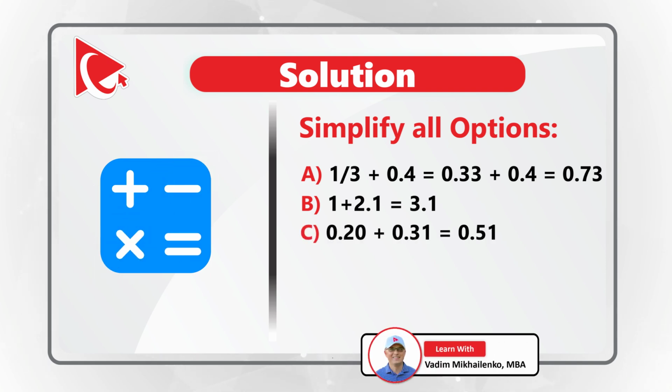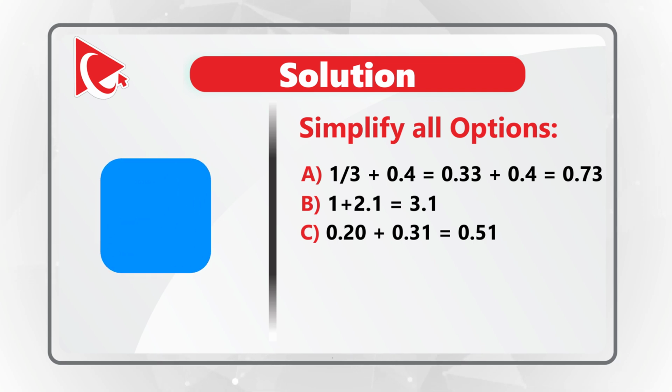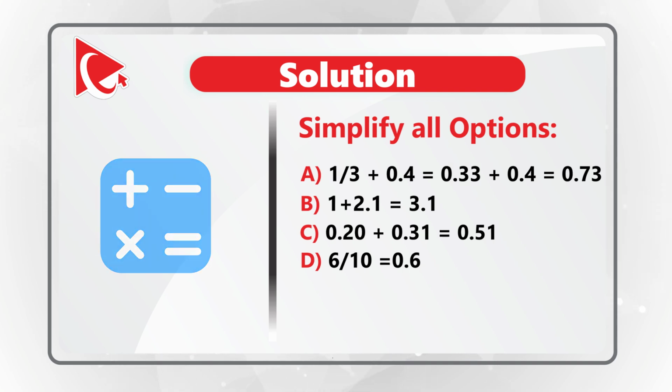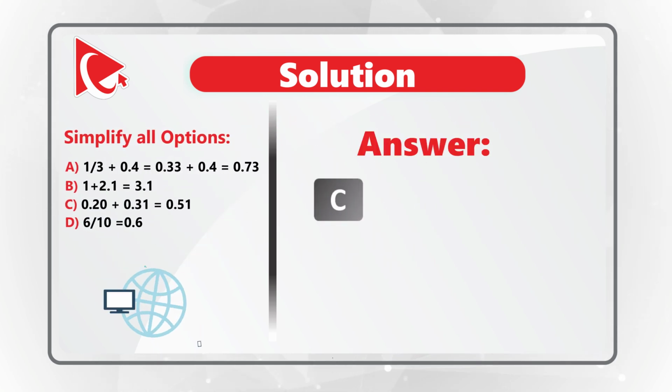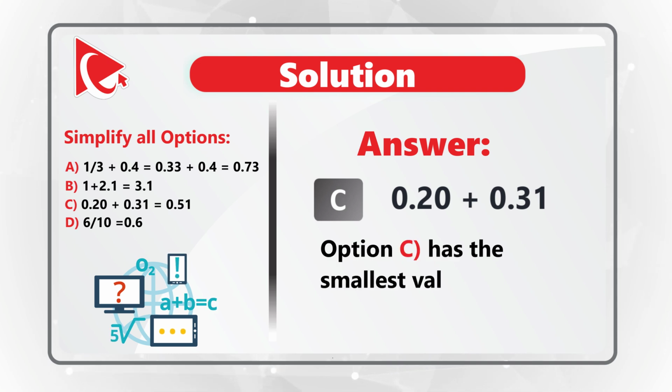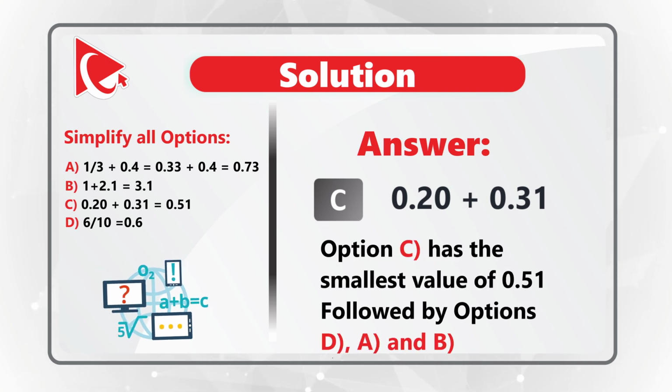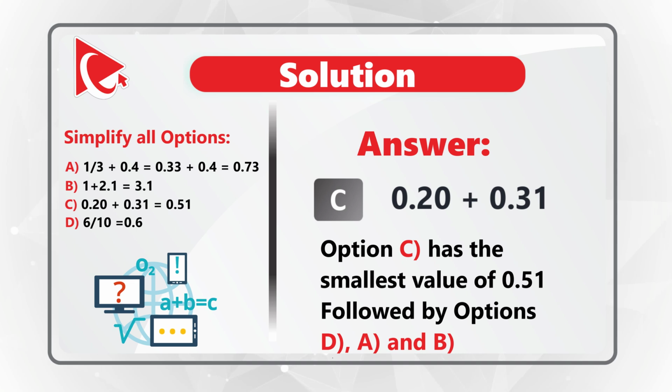Choice C, 0.20 plus 0.31 equals 0.51. And choice D, 6/10 equals 0.6. Which means, if you look at the answers, that option C has the smallest value of 0.51, followed by option D, A, and B. Was it challenging for you?